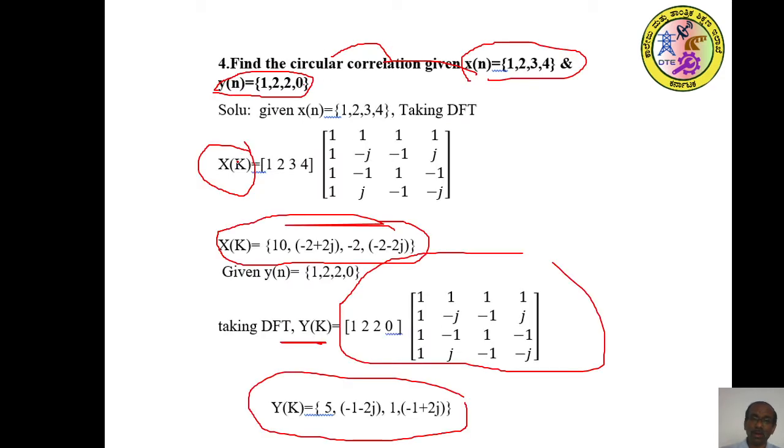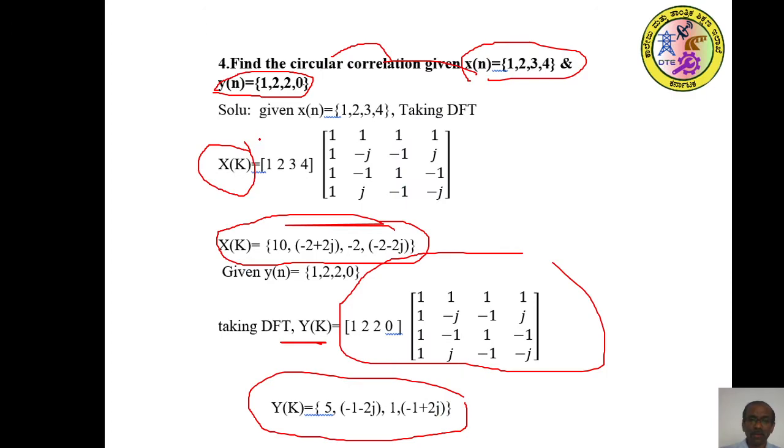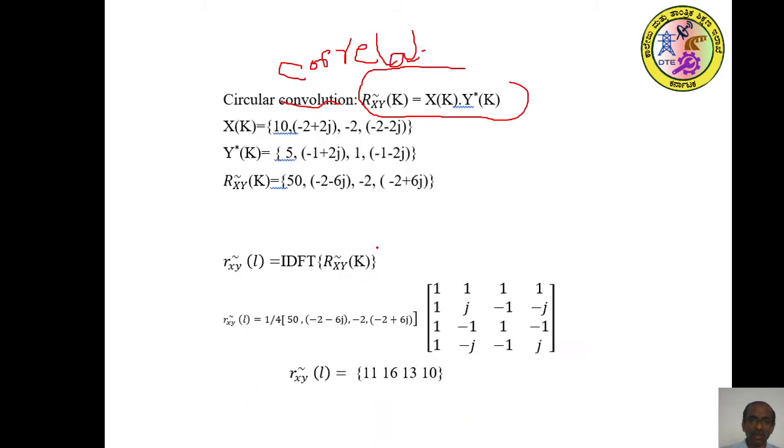Please refer. Y of k is 5, I have kept as it is, 5. Y of k next sample is minus 1 minus 2j. Its complex conjugate is minus 1 plus 2j. Carefully, you must take the complex conjugate of each term. Repeating, if a number is a plus jb, its complex conjugate is a minus jb.